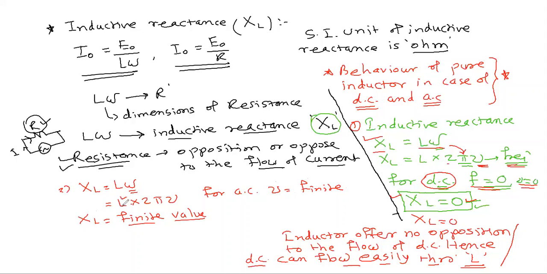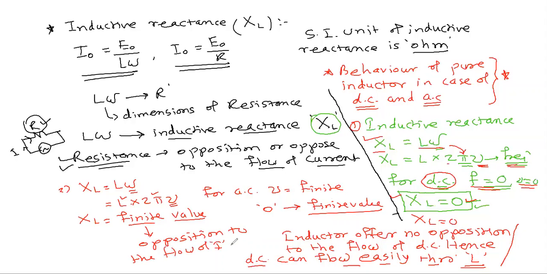Put the value of the inductor, then 2 pi and the frequency, suppose 50 hertz, then you will get some value here. That means instead of 0, you are getting some finite value. So if some value is present here, there must be an opposition to the flow of current in case of AC.